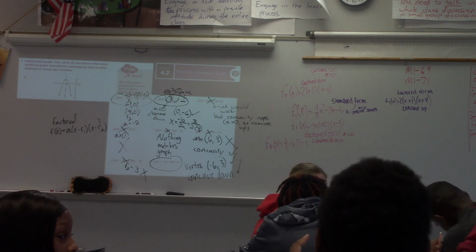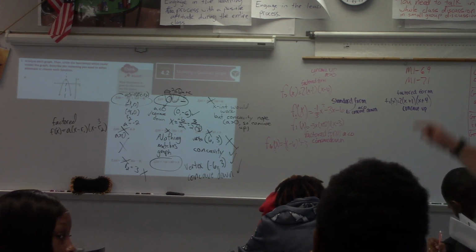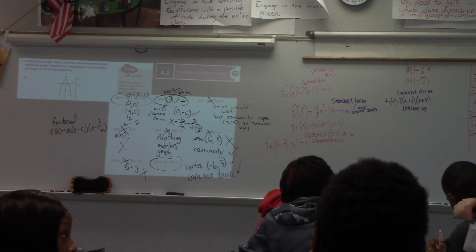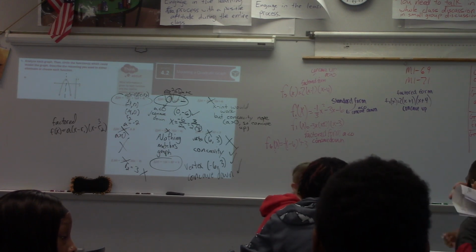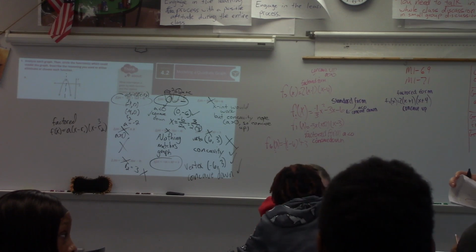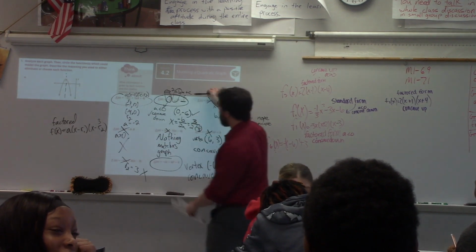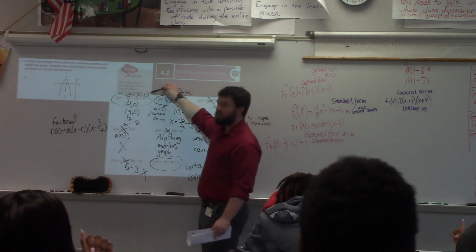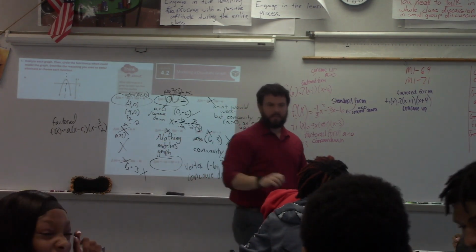No, I was talking about this one: ax squared plus bx plus c, where I'm circling the a and circling the b. Are you talking about this part right here? No. This one? That's the factored form: a times x minus r1 times x minus r2.